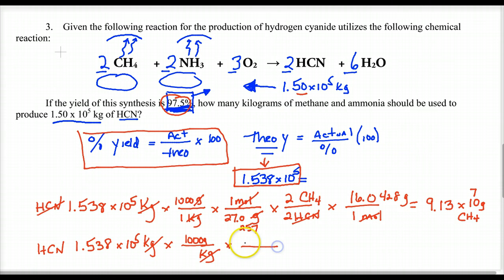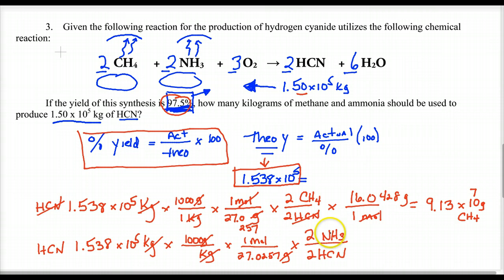Same idea, 1 mole is equal to 27.0257 grams. Grams go away. And now we're going to get rid of hydrogen cyanide, just 2 moles of them in the balanced reaction. And now we want ammonia. It's also a 2 to 2.